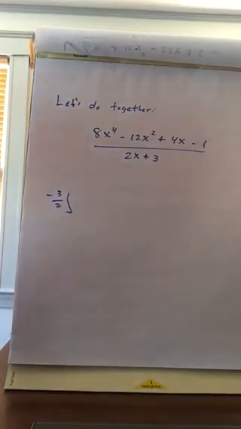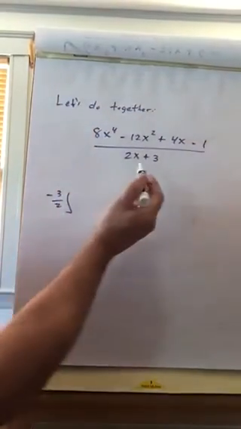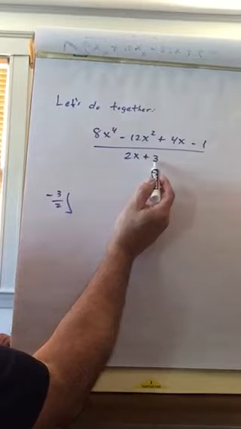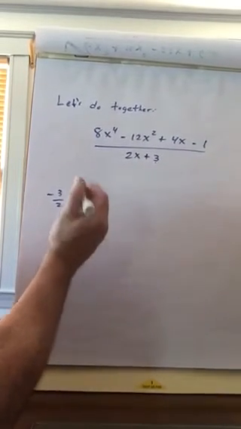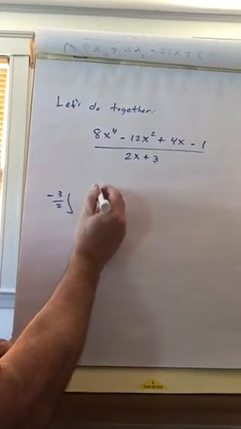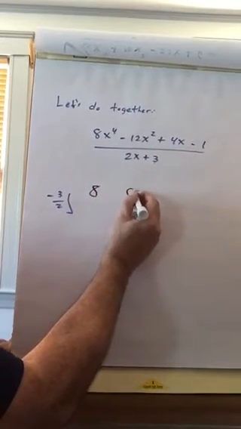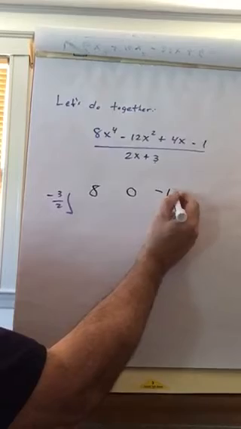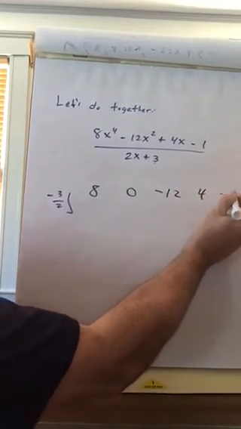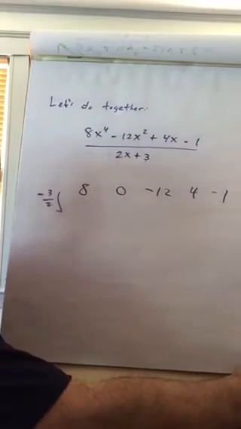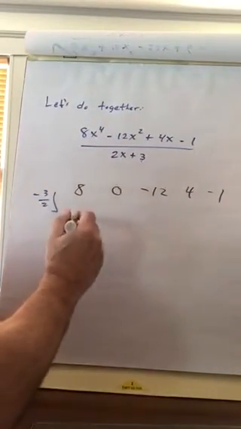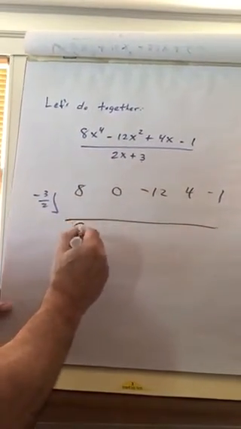So here we go. If we're going to divide by 2x plus 3, opposite of the constant is negative 3 divided by coefficient 2. Negative 3 over 2. That's what we put there. And we have 8. There's no x cubed, so put a 0. Negative 12, 4, negative 1. Bring down the 8.